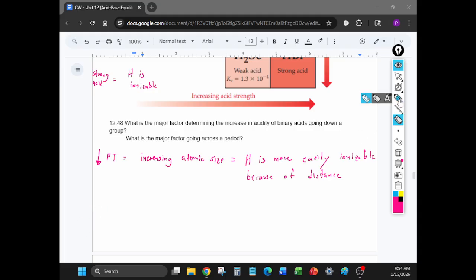All right, next, we're going to take a look at what happens as we go across the periodic table to the right. This also increases the acidic strength, so how easily the hydrogen can come off. And the reason why is because as you go across the periodic table, you're going to have increasing electronegativity.